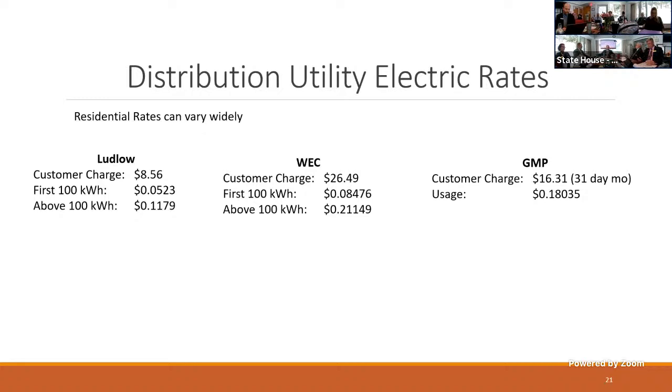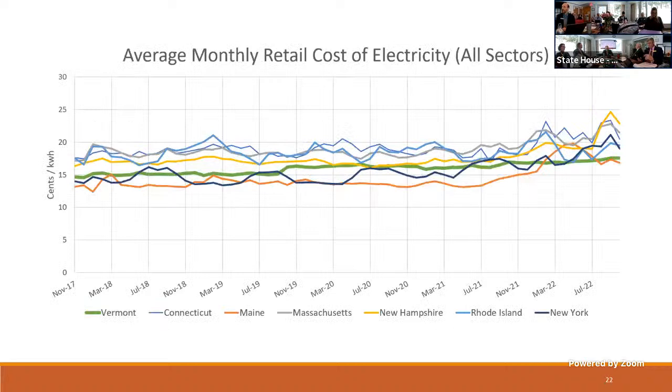So the last slide here, slide 22 of the first part of these slides, is the average monthly retail cost of electricity in all sectors, and we covered a lot of this earlier in terms of the volatility in the marketplace. You can see over the last year, there's a lot of spikes up and down in all the other states in the region.